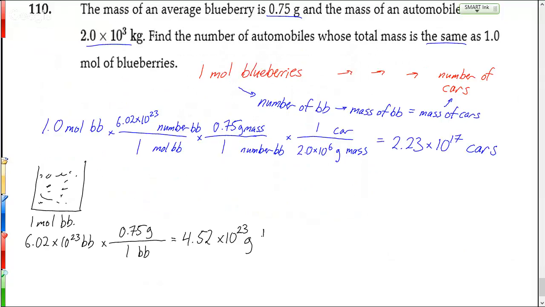That's going to be my total mass of blueberries. Then you could say, all right, if I had a thing of cars that weighed that same amount, how many would there be? We go over here. We've got cars. And we've got 4.52 times 10 to the 23rd grams of cars.